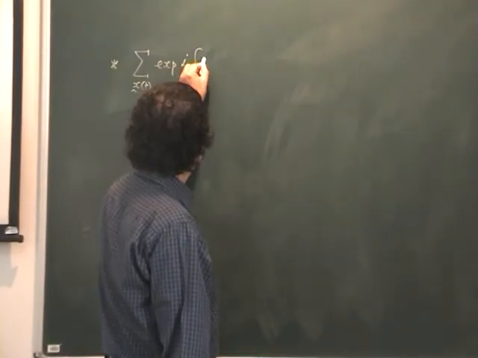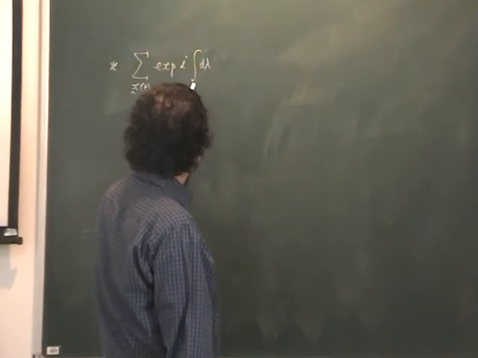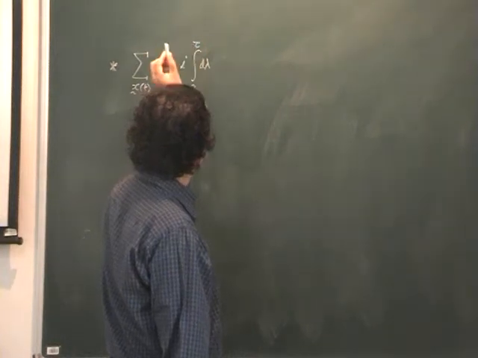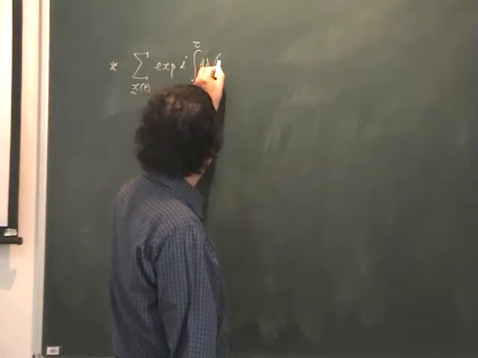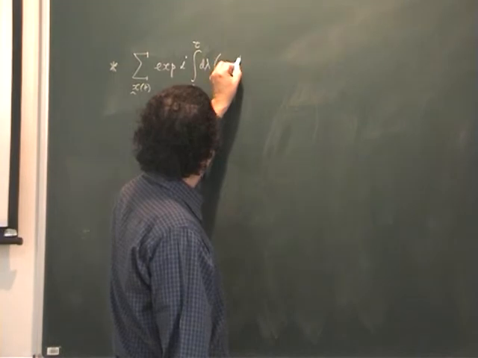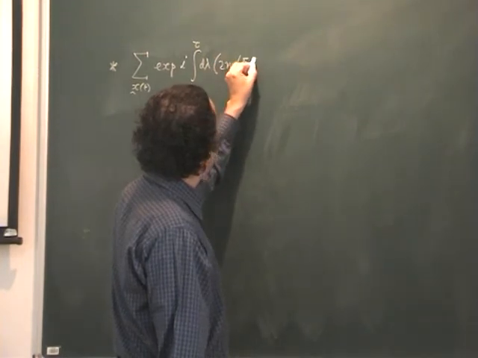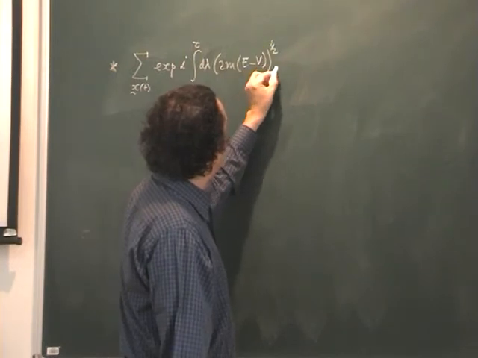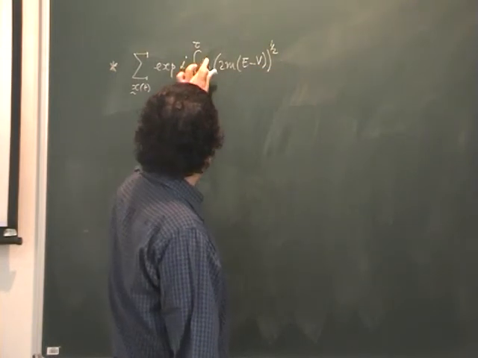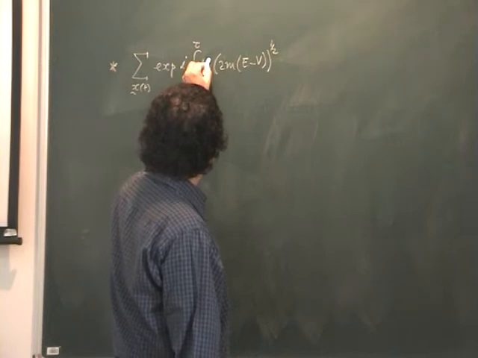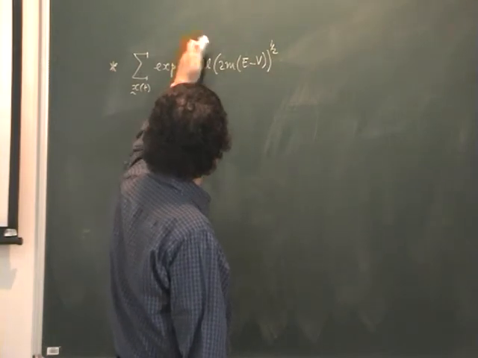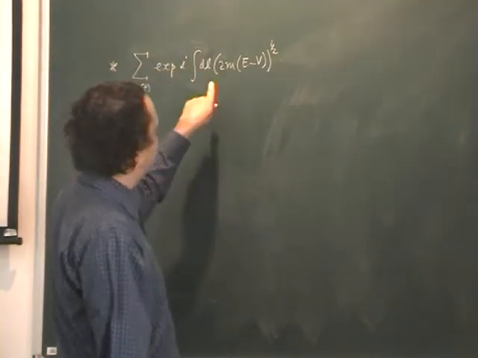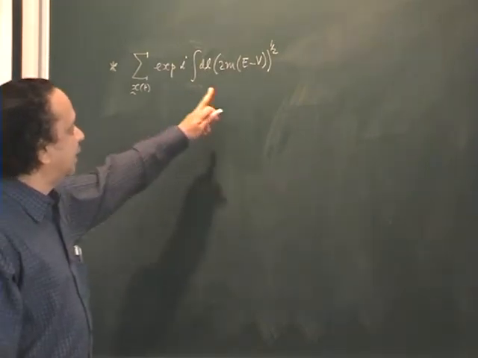That was d lambda, let us say 0 to tau, square root of 2m (E minus V) dl. Okay, let me put a dl here, then I don't need this. I will just go in the path as the length of the path. Okay, this was the left hand side of the Jacobi action.